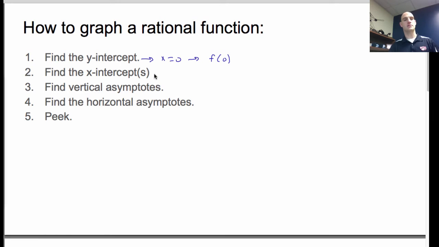To find the x-intercept, it's where the function equals 0. What that means is basically we find 0 for the denominator. Sorry, the numerator.